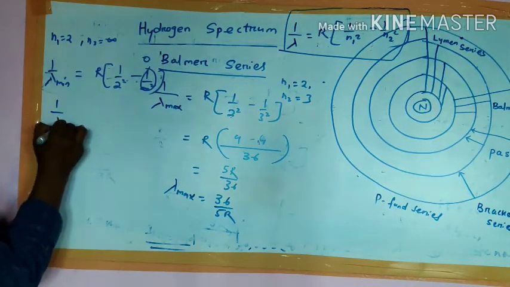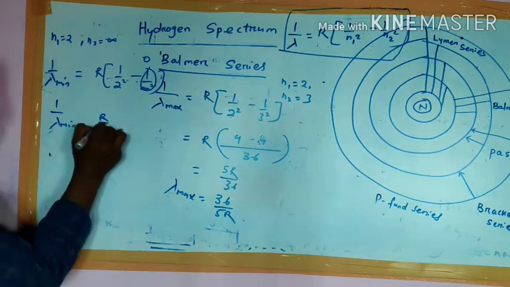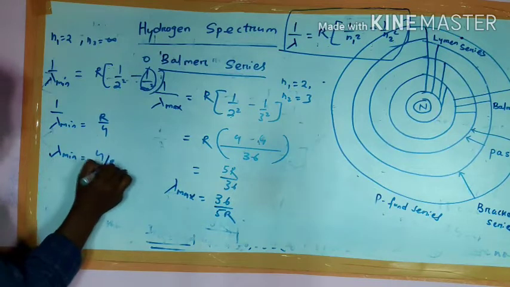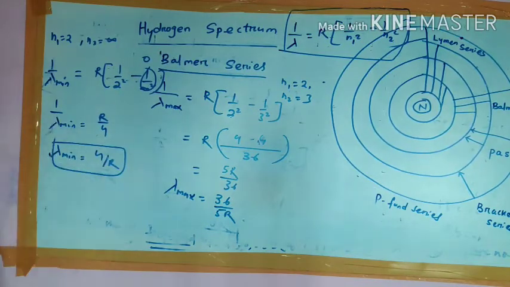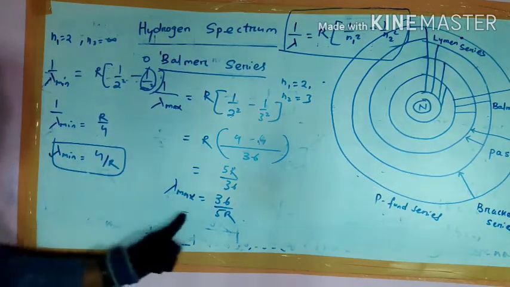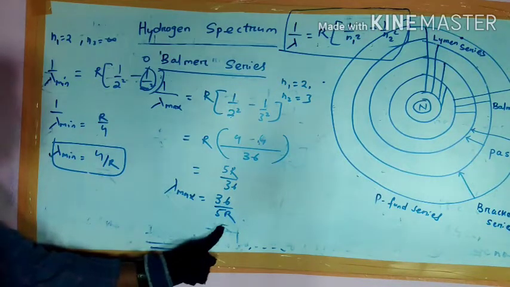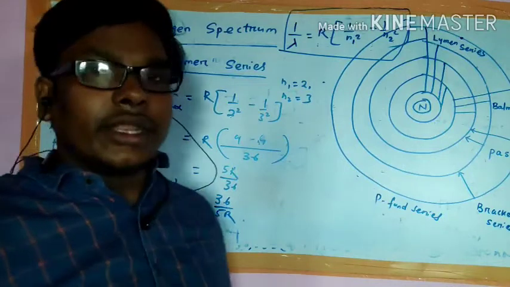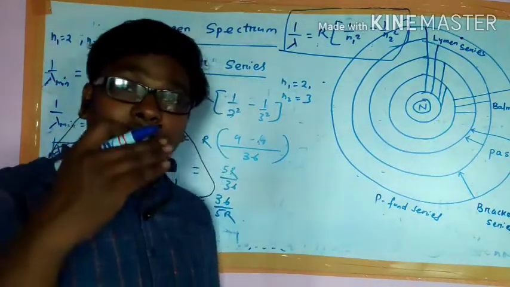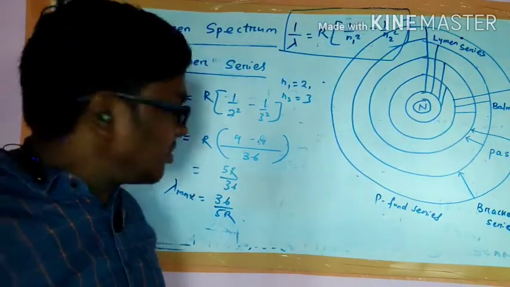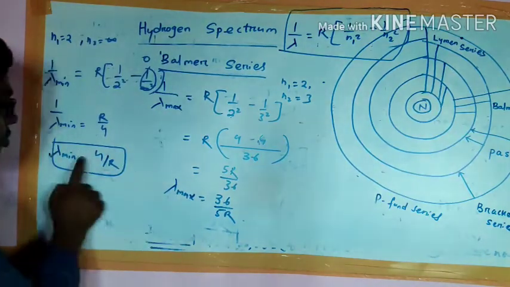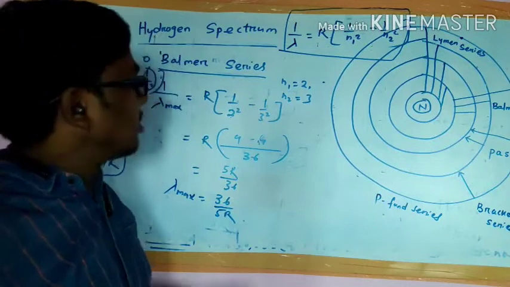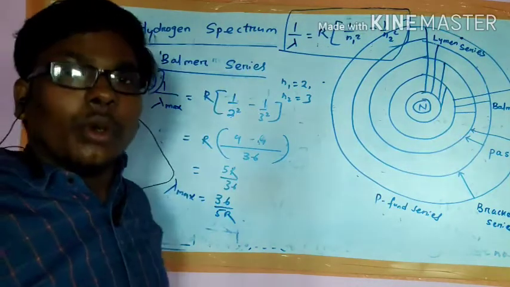So 1 by lambda minimum is R by 4, or lambda minimum is 4 by R. So this is the minimum value and this is the maximum value. Remember, for this series the radiated energy belongs to the visible region. This means this range of wavelength from maximum to minimum creates visible light. That means the Balmer series belongs to visible light.